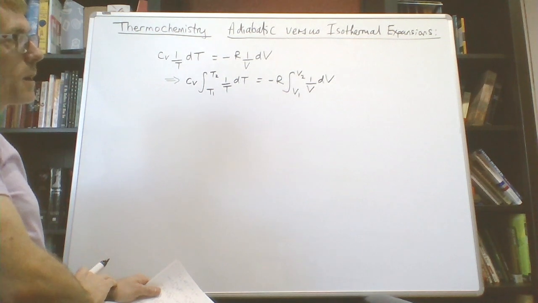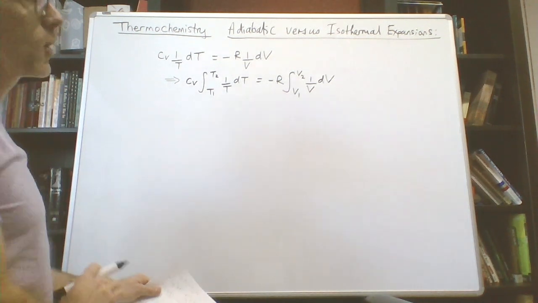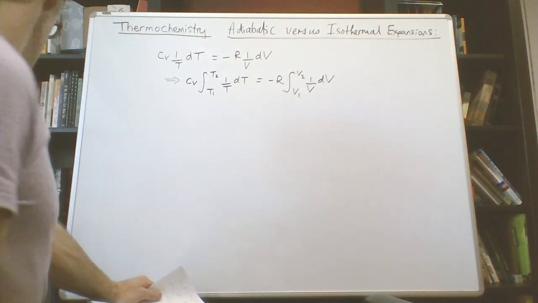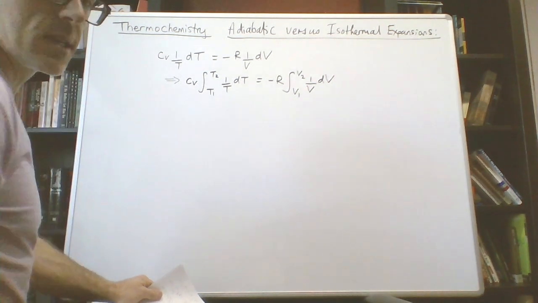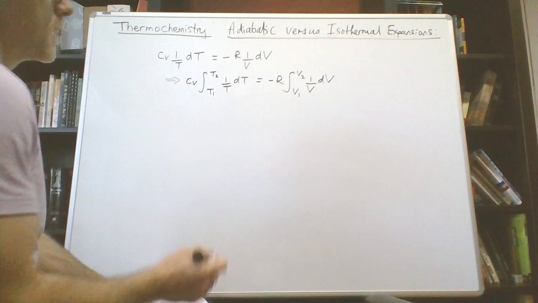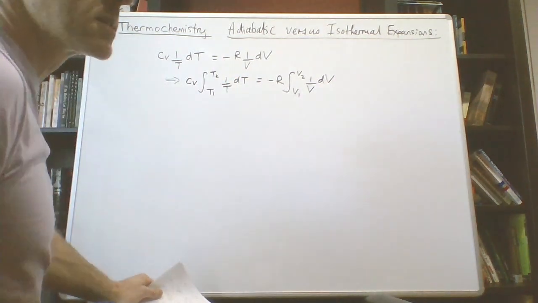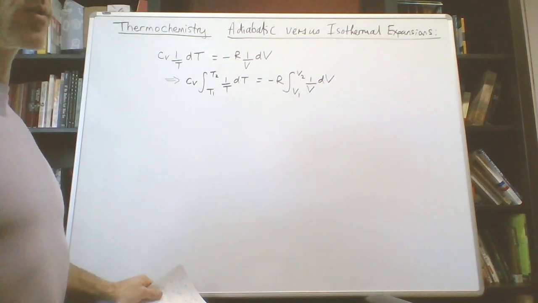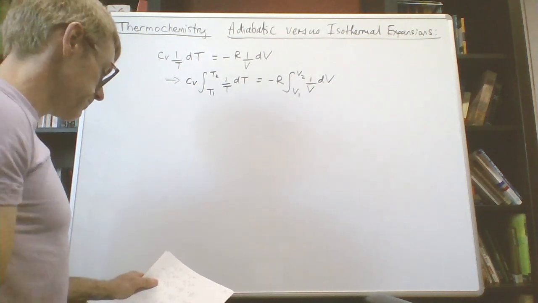Okay, again, why am I summing? Because I'm summing over all the changes. The sum of the changes is the whole. So basically I took an object, divided it into an infinitesimal number of bits, and now I'm going to reconstruct those bits to get back to the whole again.